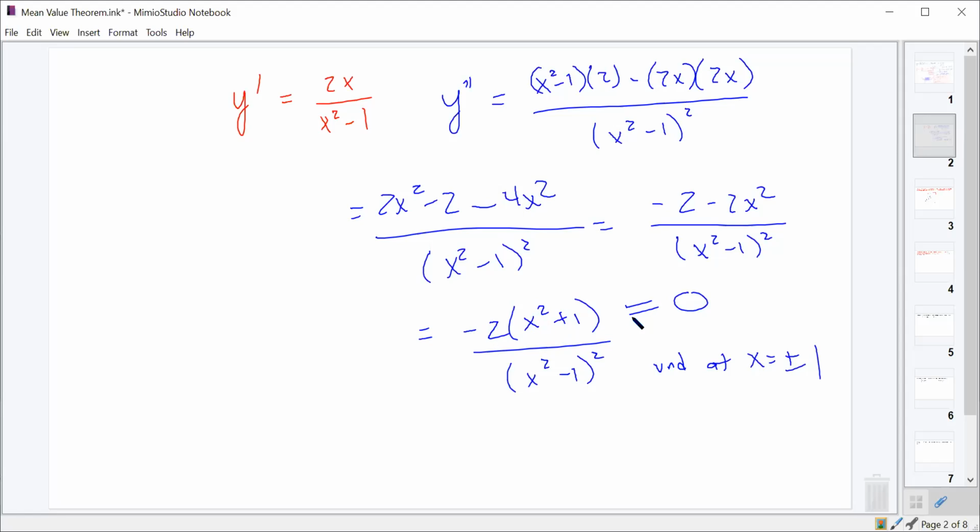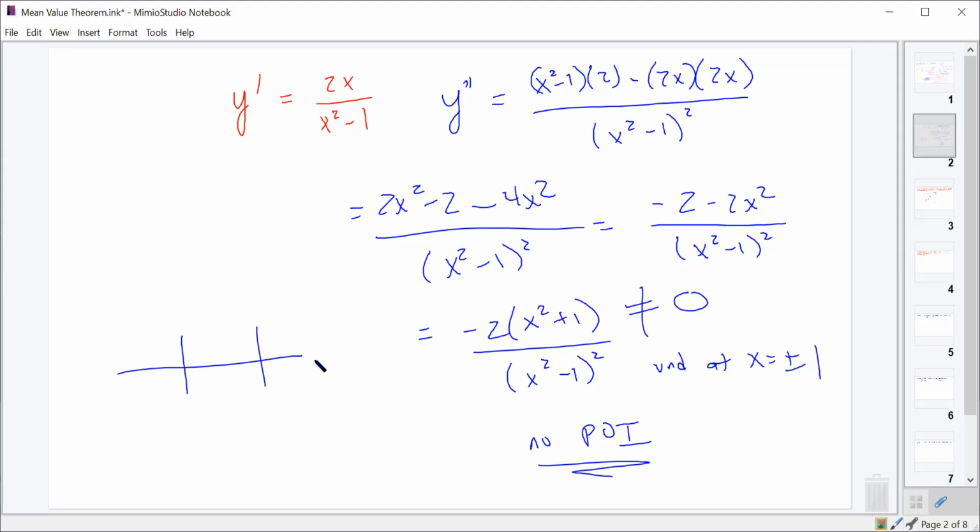The square root of negative 1, which we know is the imaginary unit. It's not actually any real values there. So we'll say that never equals 0 on the real numbers. And so once again, we don't have anything from the numerator, and from the denominator to make it undefined, we have 1 and negative 1, but both are not in the domain of my original function. So I will say there's definitely no points of inflection.